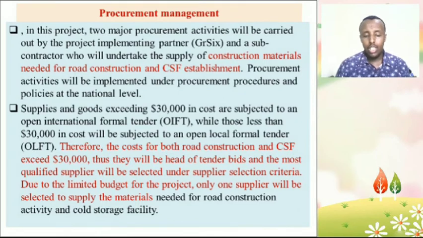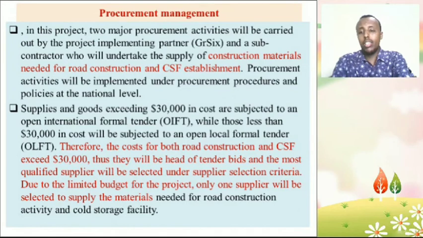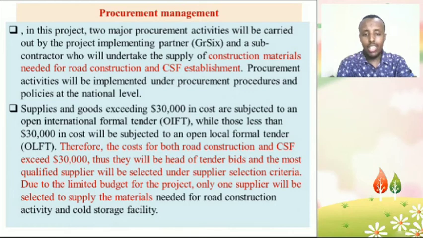For this tender, it will be an international tender, and it's greater than 30,000 USD. So we need a qualified supplier selected under the supplier selection criteria. With a limited budget for the project, only one supplier will be selected to supply all materials for all these activities.